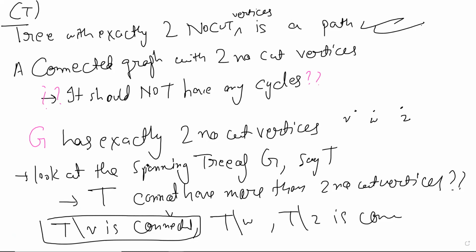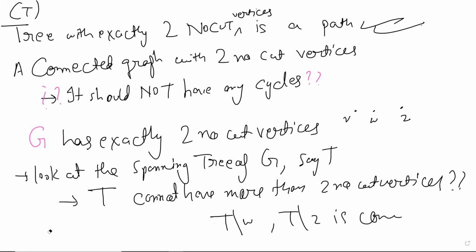V, W, Z are not G. Let's say T has more than 2 no-cut vertices, for the sake of contradiction. These are the no-cut vertices. It's very simple if you think about it like this. If G has exactly 2 no-cut vertices, meaning 2 vertices whose removal does not disconnect the graph, is it possible that T will have more than 2 such things?